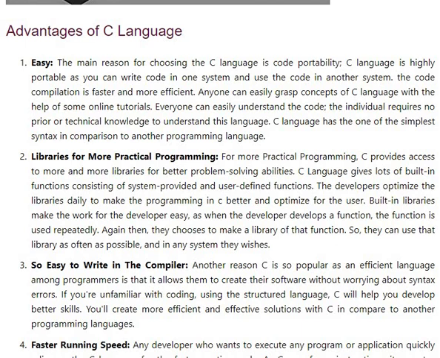The second one is libraries for more practical programming. So we have lots of built-in functions. We can even create our own functions, user-defined functions. Easy to write in the compiler.